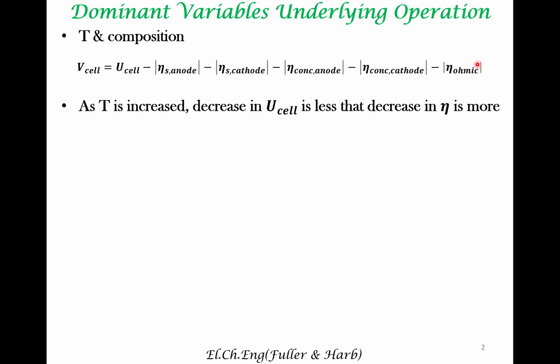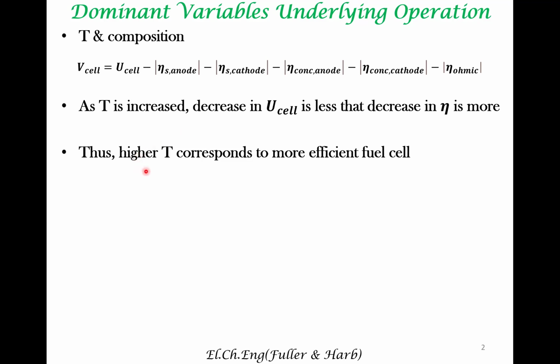And in some ways, especially in SOFC, the ohmic potential also decreases significantly with increase in temperature. Therefore, even though this looks like a disadvantage, the decrease in overpotential with increase in temperature is a big advantage. Typically, at higher temperature, you would get higher potential from the fuel cell, and therefore you have an efficient fuel cell. Moving on.